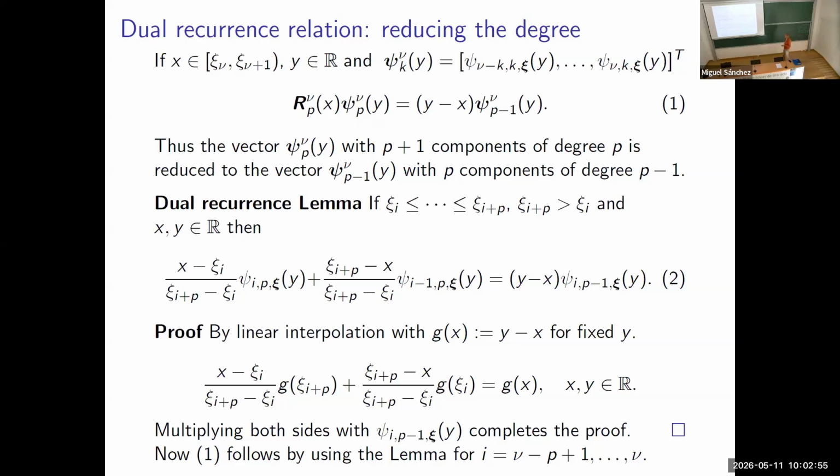And if you take this relation and multiply by c_(i,p minus 1), that completes the proof of this recurrence lemma. Here you just had one y minus x_(i+p), right? And then you take the remaining factors you need for the x_i's, and then you get the proof.